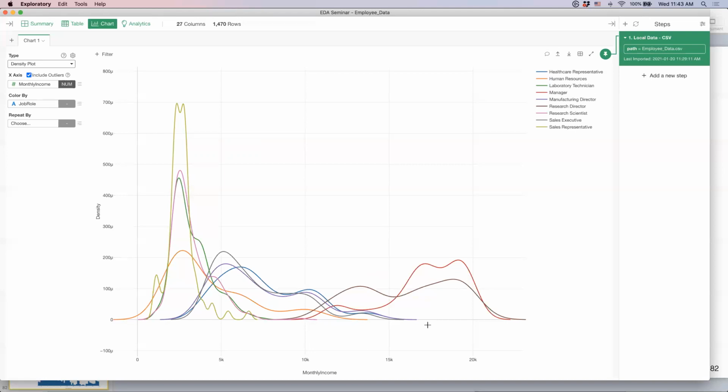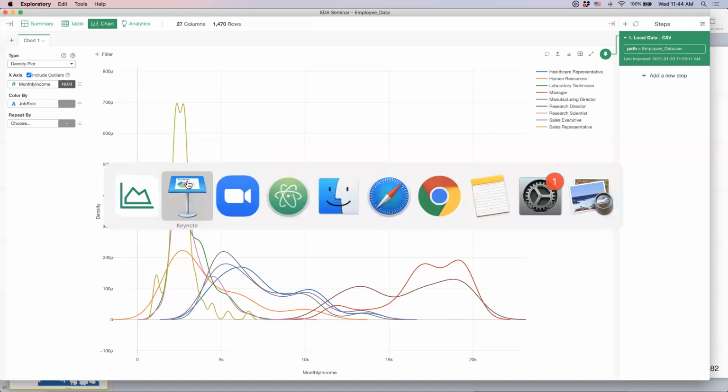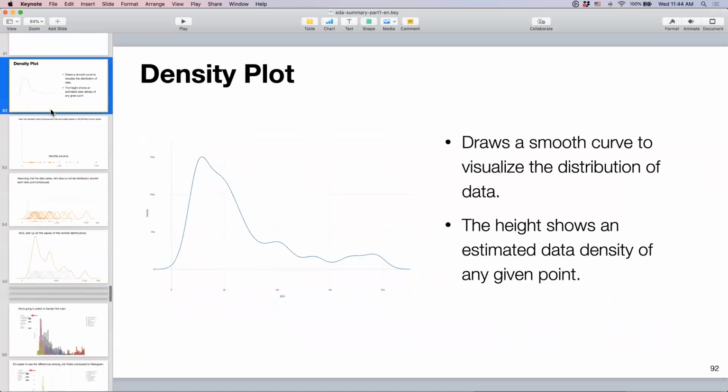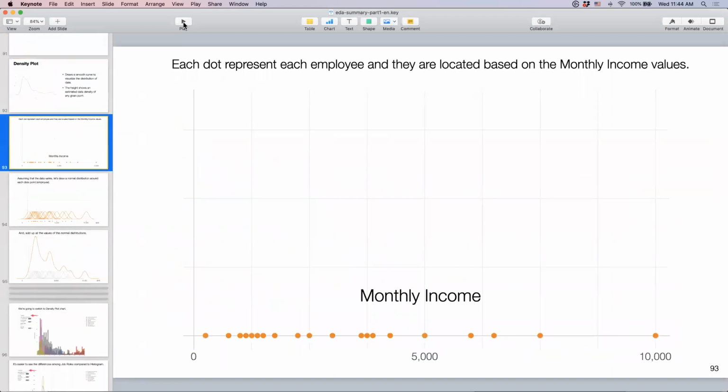So when you have the wide range, the mountain tends to go down because it has to keep the size of the mountain always at 1. So the density plot is kind of confusing if you haven't seen it before.